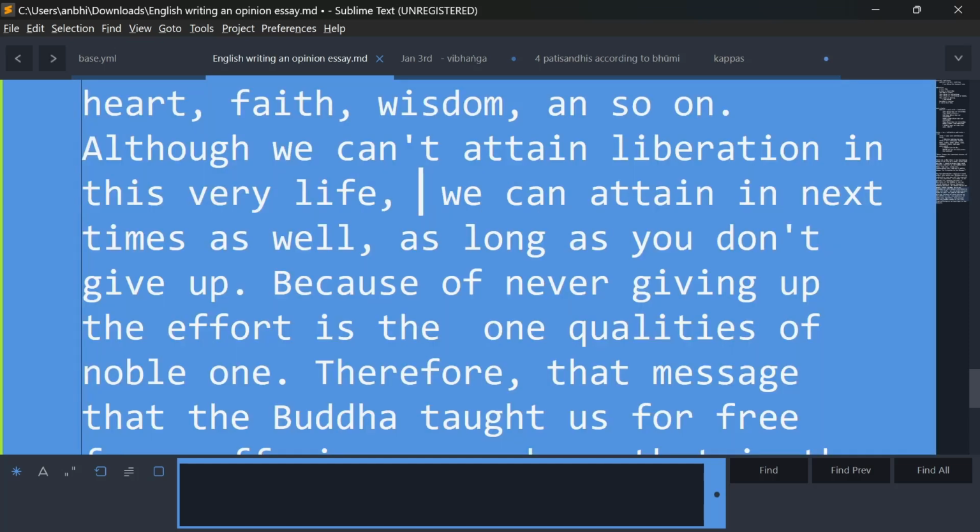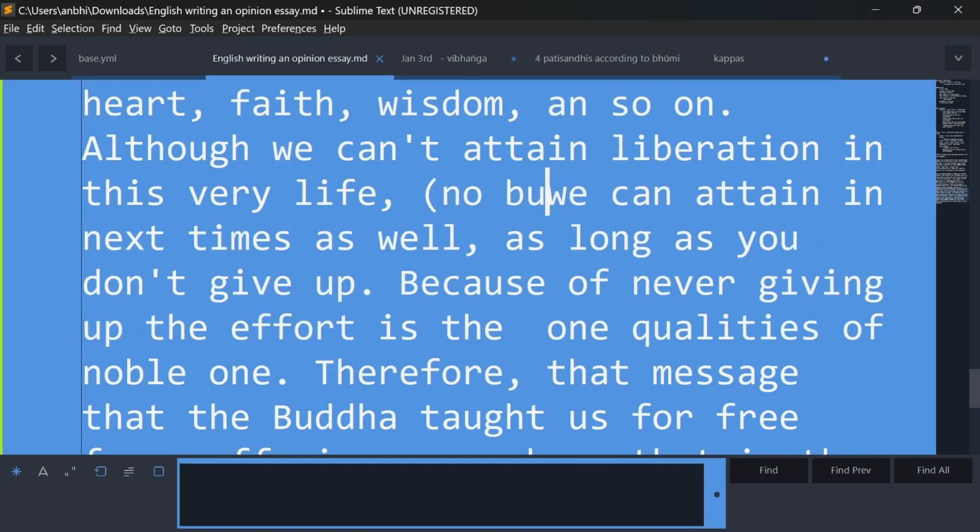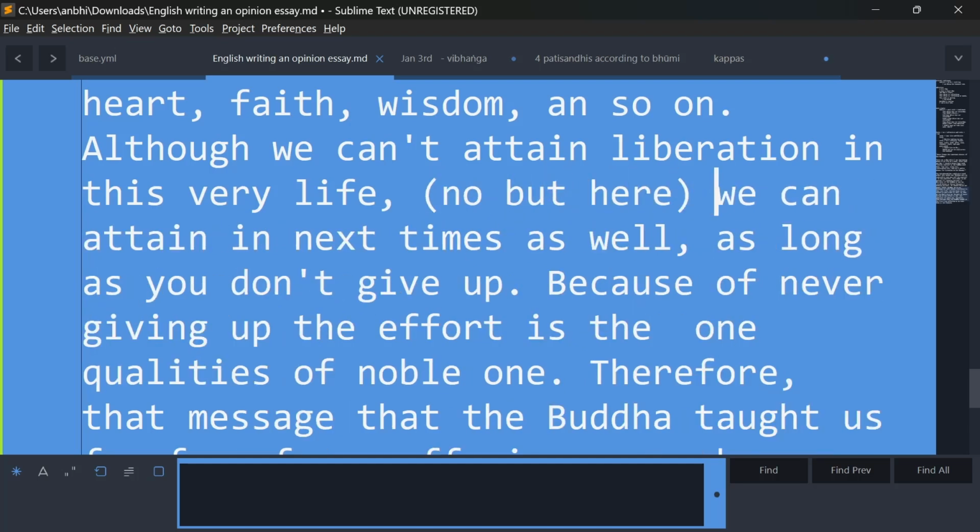So "although... but," no. "Although" this, and then directly the next clause. Normally we don't use both. In your languages it's like this, right? So just use it several times. Write a few sentences and stuff.